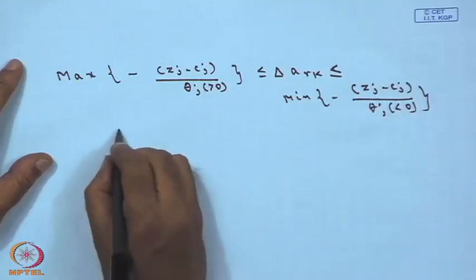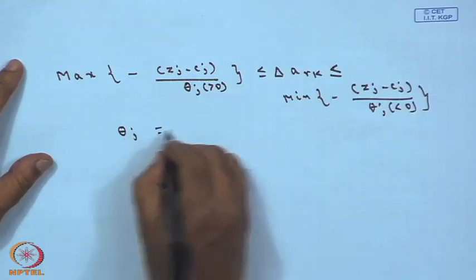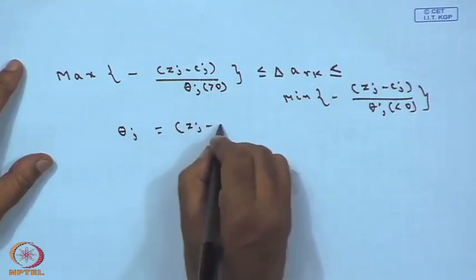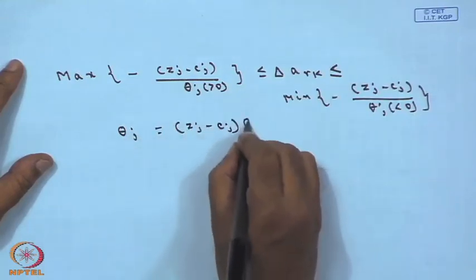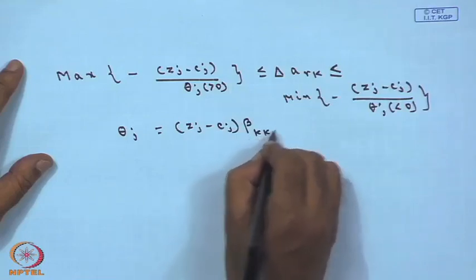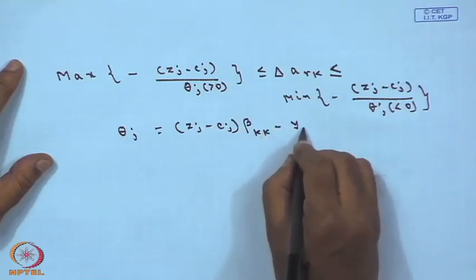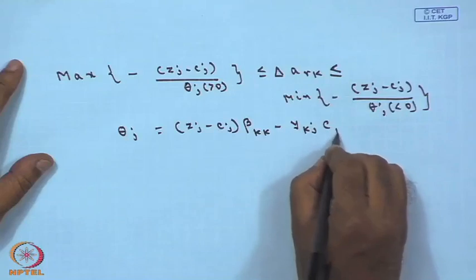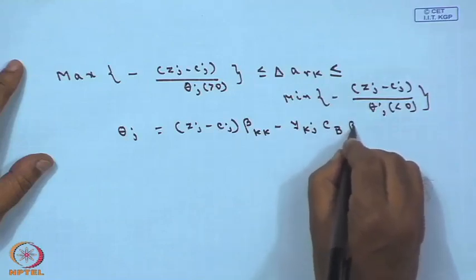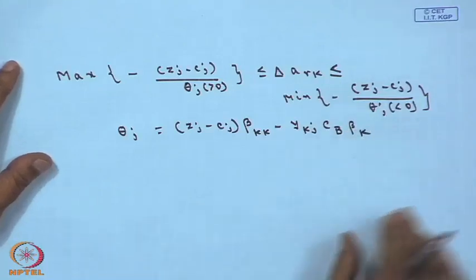You can calculate this, where theta j is Zj minus Cj into beta kk minus Ykj Cb into beta k.